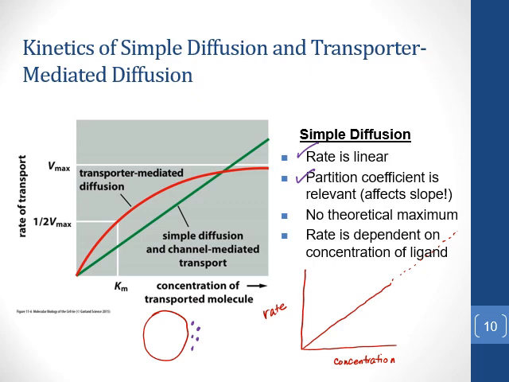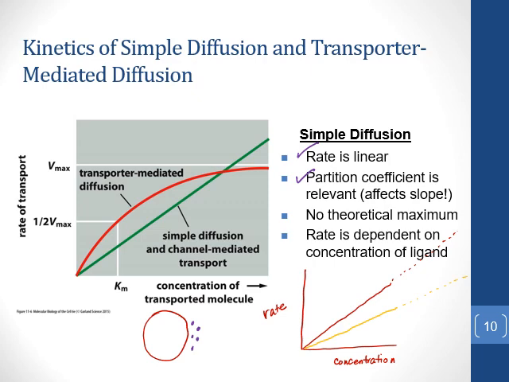That's what we know. Now, let's say that we do the same sort of experiment with another molecule, and we get something that looks like that. What's the difference between those two molecules? Well, the rate is linear, which means both molecules are moving across by simple diffusion.